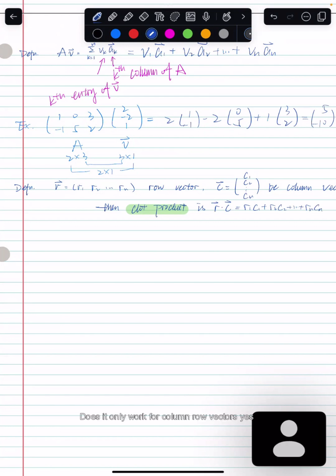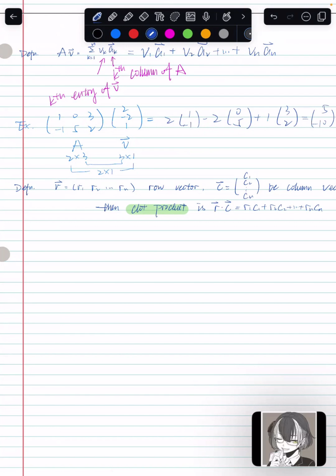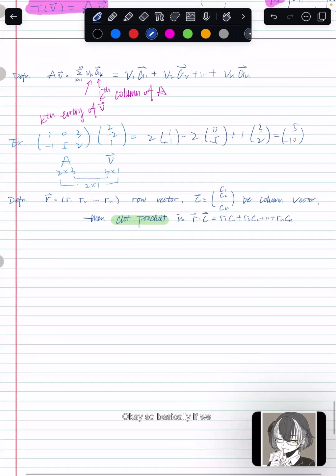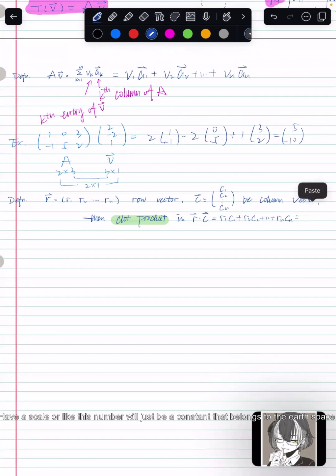Does it only work for column and row vectors? Yes. So basically, if we have a row vector and a column vector, after the dot product we will just have a scalar, a number that belongs to the real space.